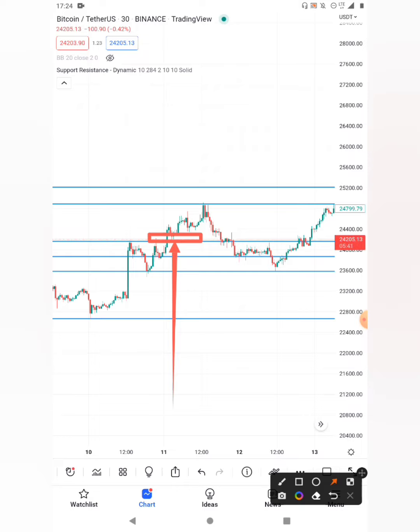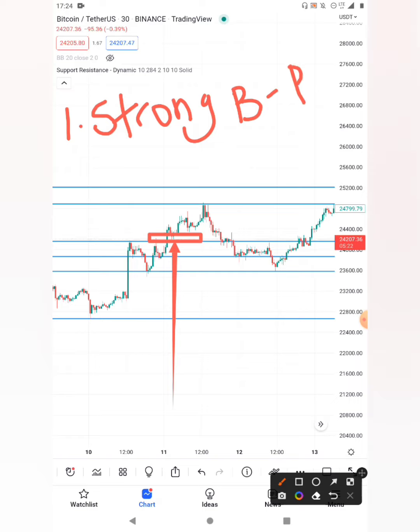First of all, rule number one. Let me type this. Rule number one. For a real breakout, there must be strong bullish pressure.